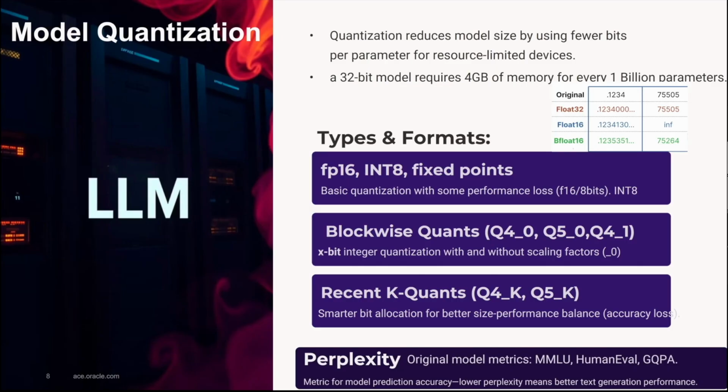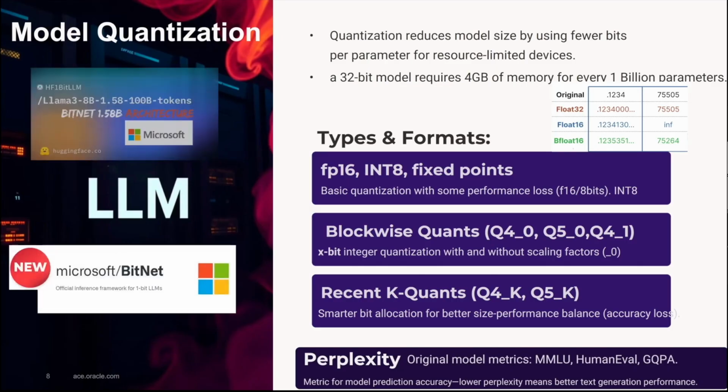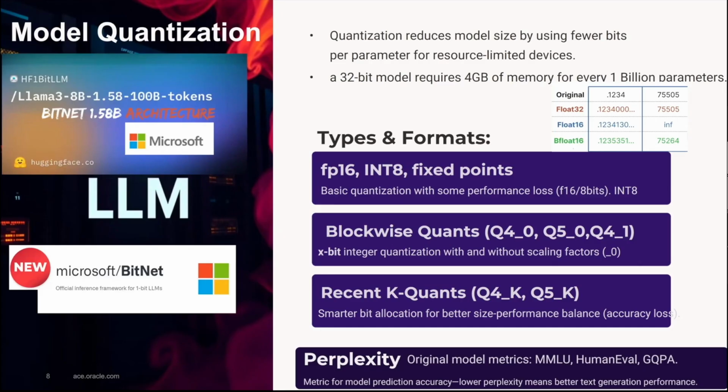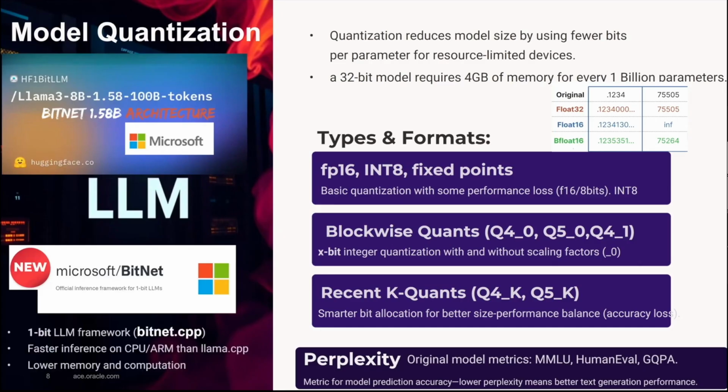But recently, some teams went harder, more aggressively in terms of quantization. They went into a framework that uses 1-bit quantization for those models so that you reduce the size really significantly. It's called BitNet, from Microsoft. It uses a 1-bit LLM framework and a library called bitnet.cpp.